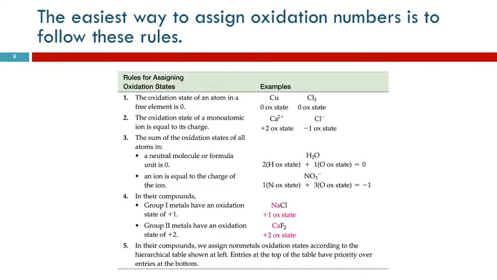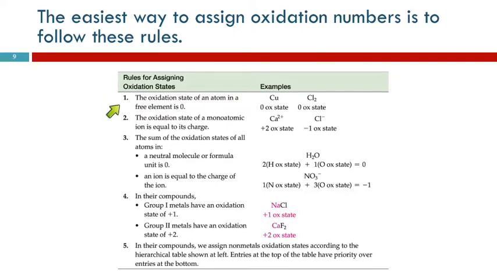So here are the rules for assigning oxidation numbers or oxidation states. That looks really messy and complicated, doesn't it? It's actually not that bad. Oxidation states coincide with ionic charges on ions.